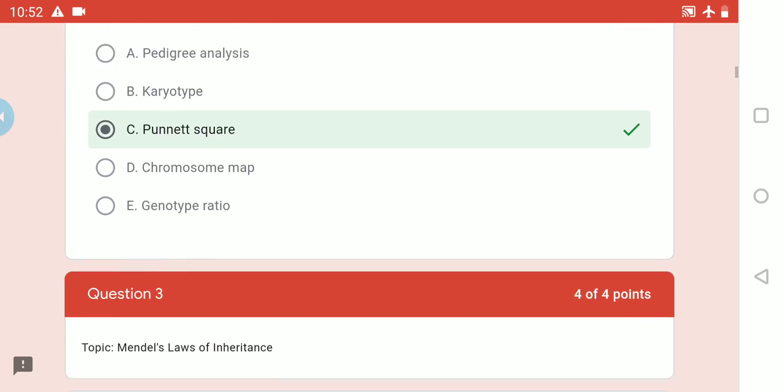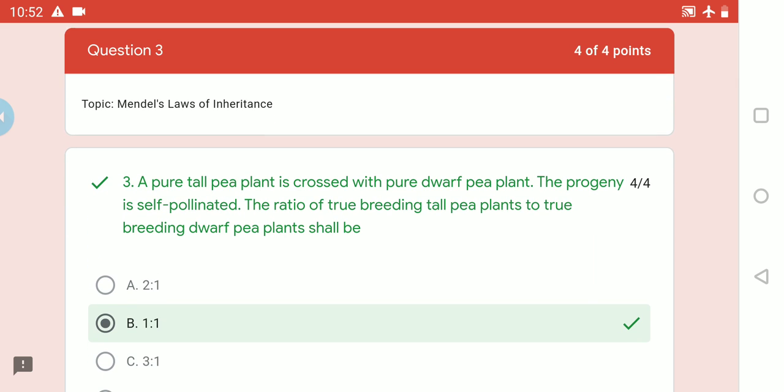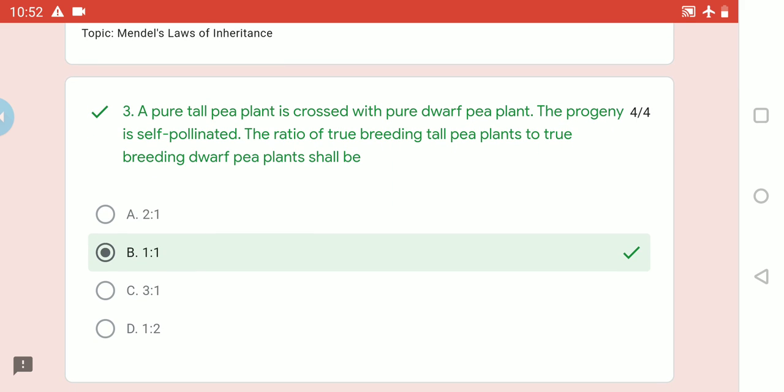The next question, the third one. This is also related to Mendel's laws of inheritance. A pure tall pea plant is crossed with a pure dwarf pea plant. Note down that pure tall means capital T, and it is crossed with pure dwarf, which means small t.